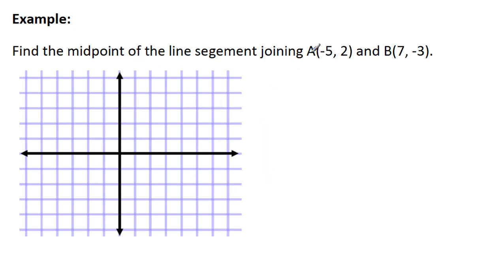Alright, the first thing to do is to mark in point A and then point B. So we'll label this as our x value and this is our y value. We'll mark in -5 and 2. So that's 1, 2, 3, 4.